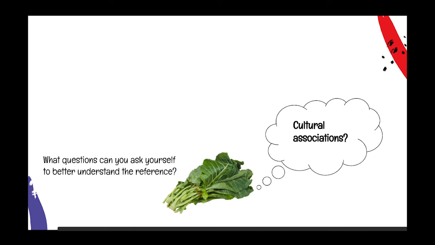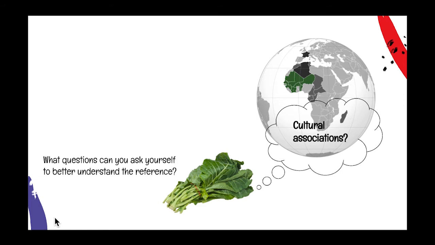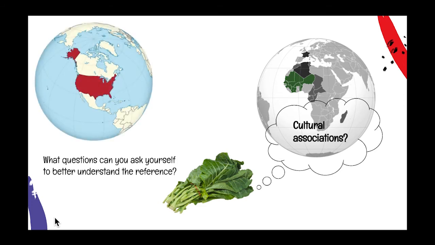Collard greens are a rich nutrient vegetable able to be eaten by any culture, but most notably popularized in the South by Black descendants of West Africa. The food was also consumed by those who were of lower socioeconomic status because they were easy to grow and undervalued by many rich and often white families.